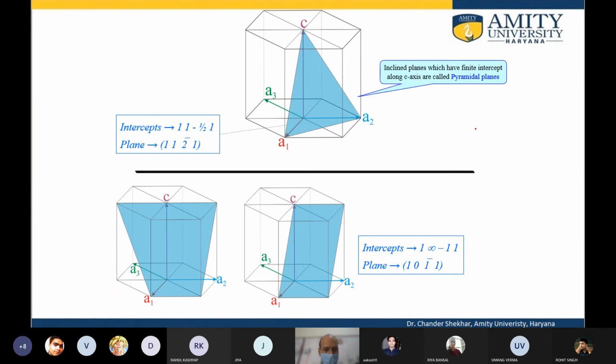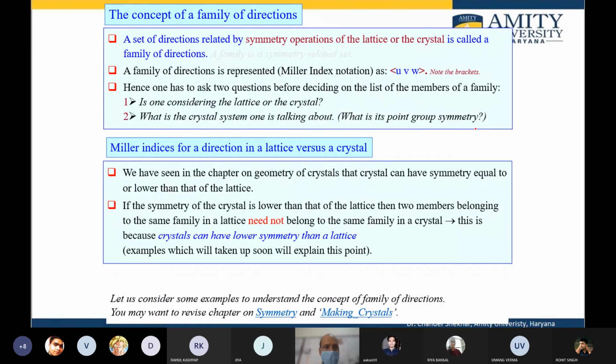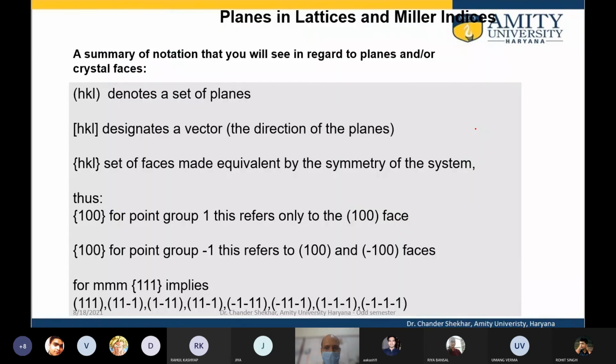So there are various planes whose Miller-Bravais indices can be determined. Okay, this is about the hexagonal lattice and the family of planes. Let's have a relook at the notations. If it is HKL in the curved brackets, this denotes a plane.